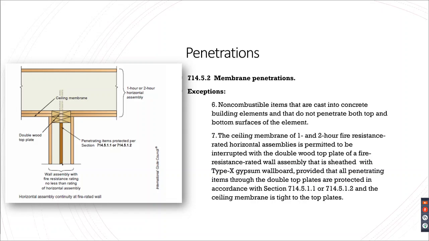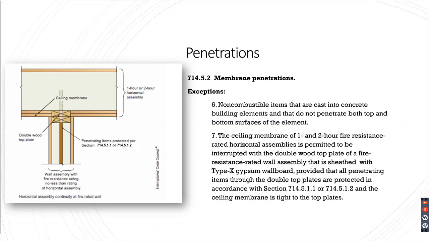And then exception 7, the sealing membrane of 1 and 2 hour fire resistance rated horizontal assemblies is permitted to be interrupted with the double wood top plate of a fire resistance rated wall assembly that is sheathed with Type X gypsum, provided, so you can do that only if, right?